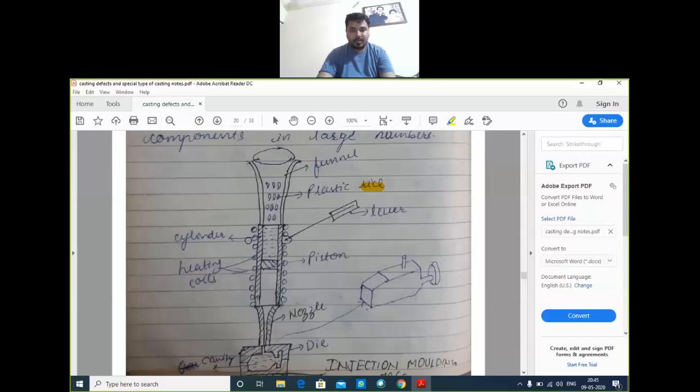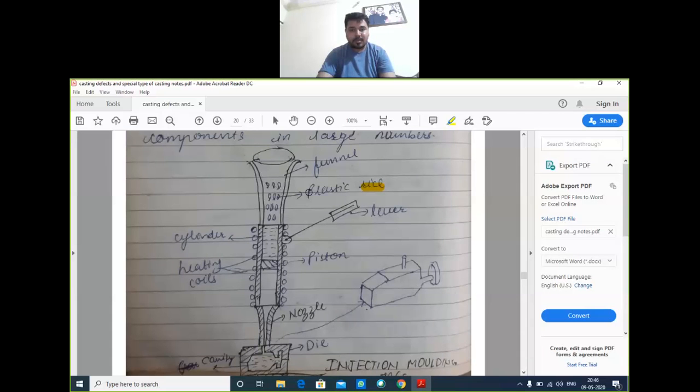This is a cylinder, this is a piston, this is a lever, and these are the heating coils. This is the nozzle, and this is the die. With the help of the nozzle, we put the plastic into the die for the casting process.